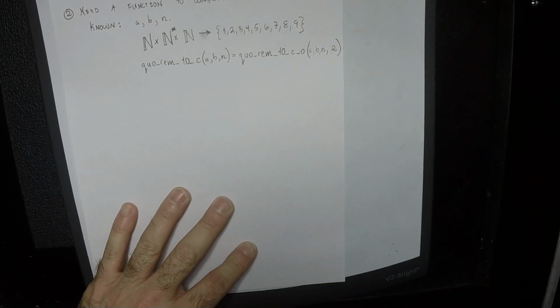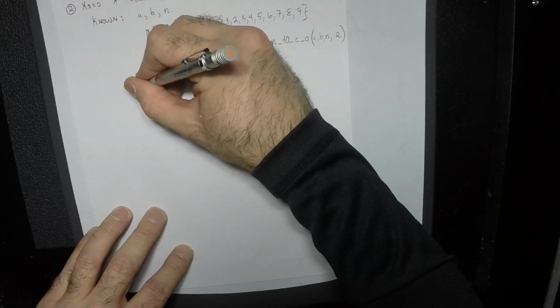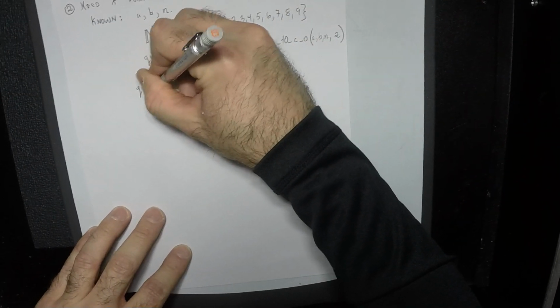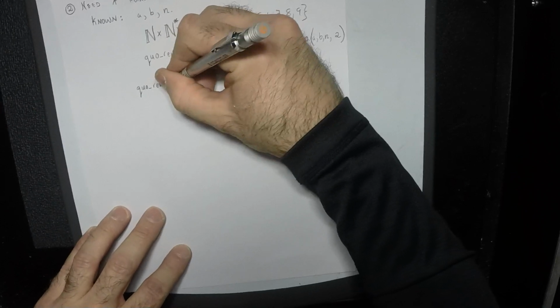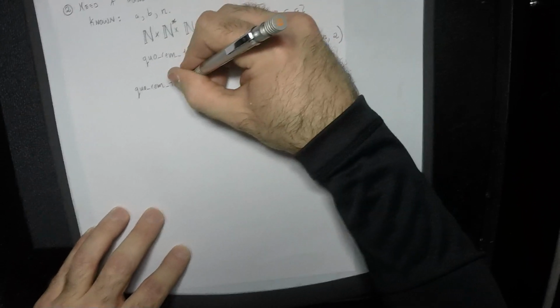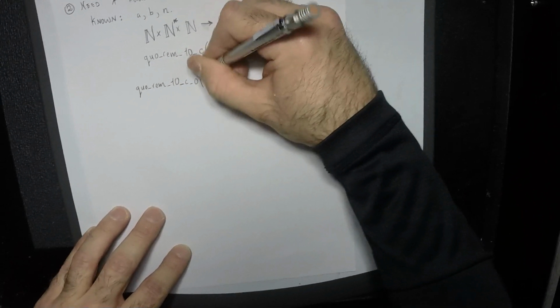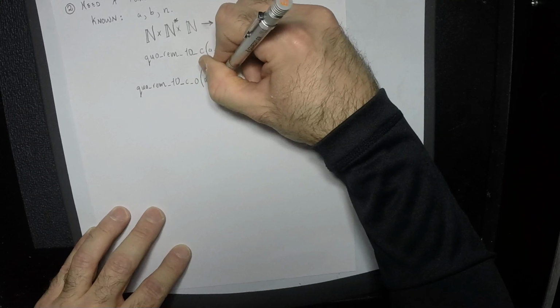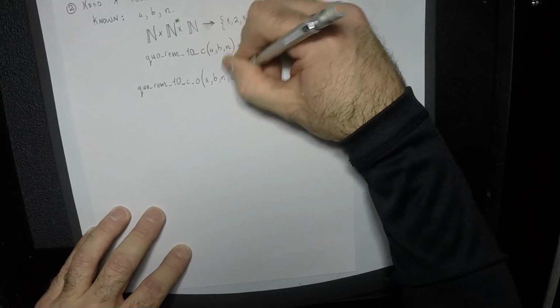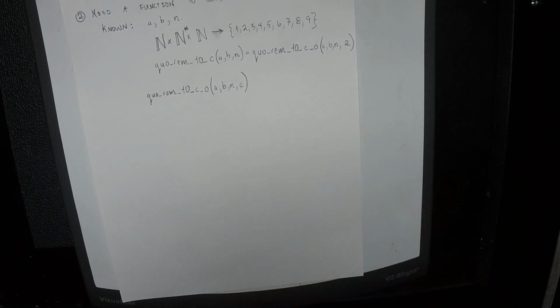All right. Then we need a reasonable definition for this. Quo rem 10 C 0 A B N C. So while you're thinking about that, I want to remind you that all of these functions that we're defining are for division in base 10.